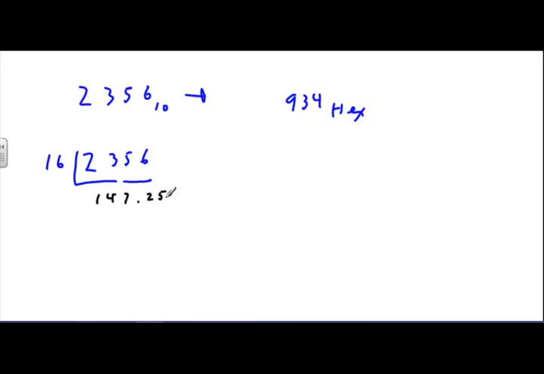The 0.25 was the remainder, which is 1/4. 1/4 of 16 is 4, so my remainder is going to be 4. I divide the whole part, 147, by 16, and I get a 9.